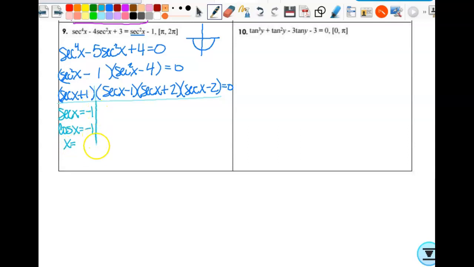At pi. So then I'm going to get secant x equals 1. So cosine x equals 1. Between pi and 2 pi, when is cosine 1? 2 pi.